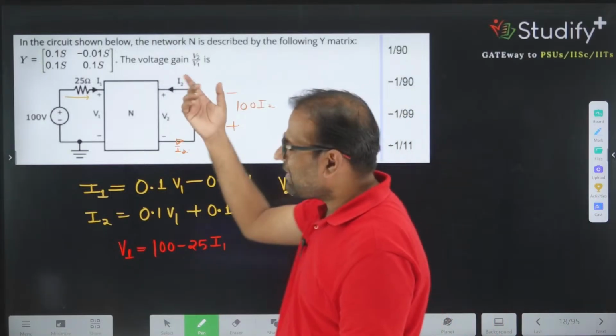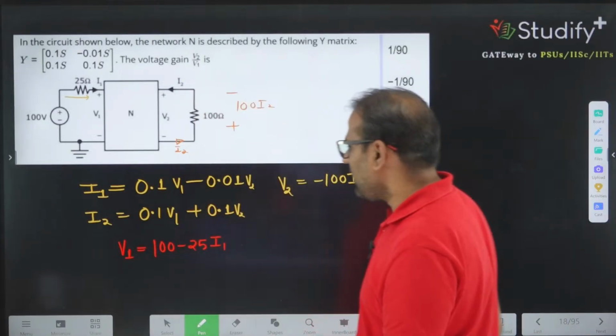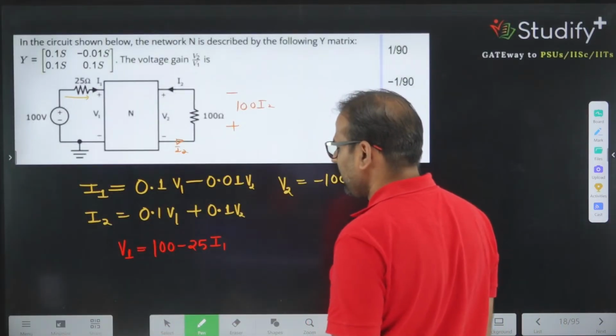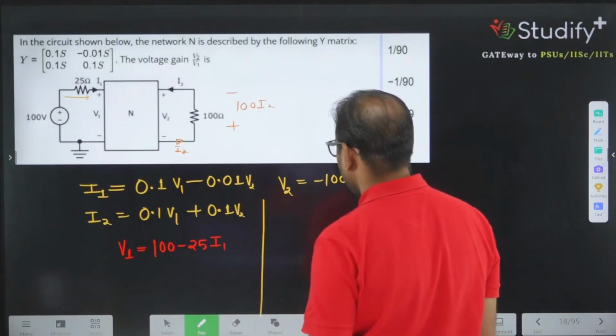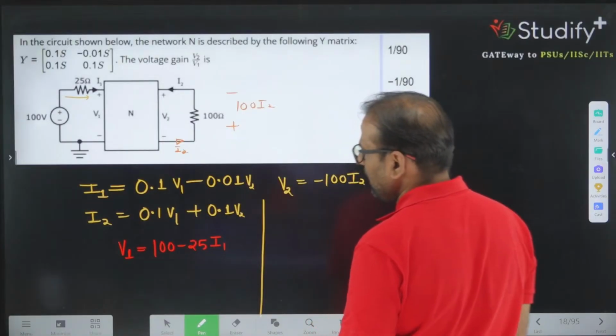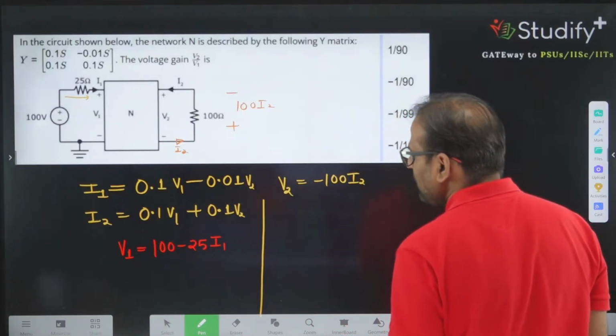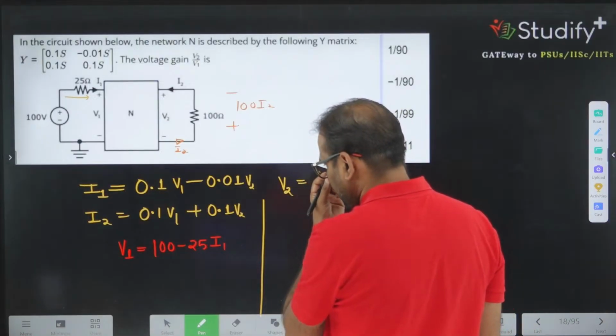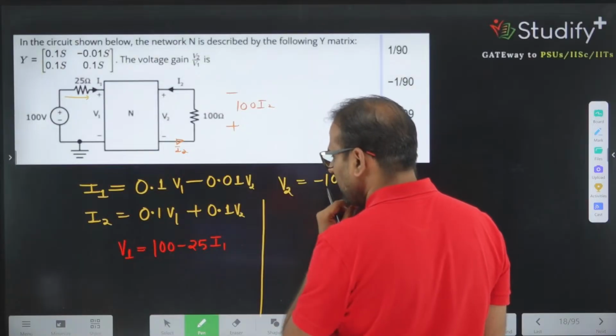Now what they are asking about is the voltage gain. So let's talk about the voltage gain. Voltage gain means we are only interested in V1 and V2, so I can say the voltage gain is the V2 divided by V1 ratio. Okay, let's calculate it.